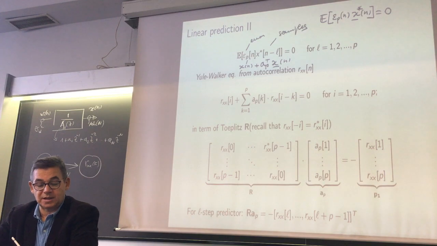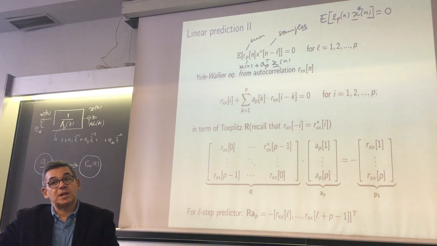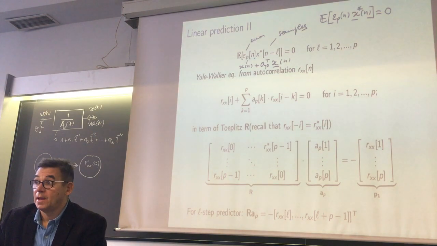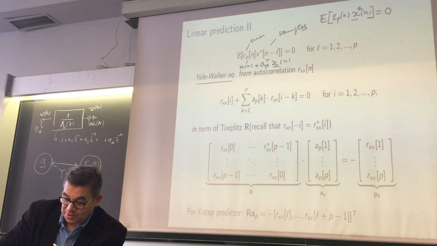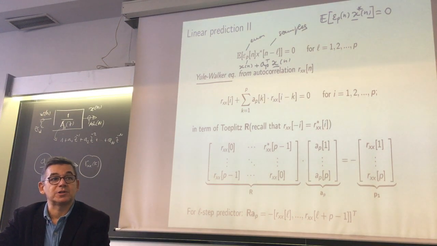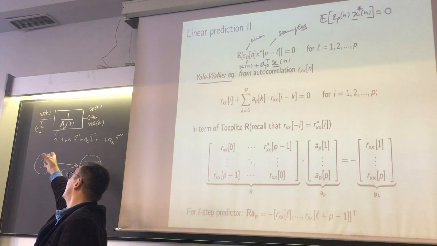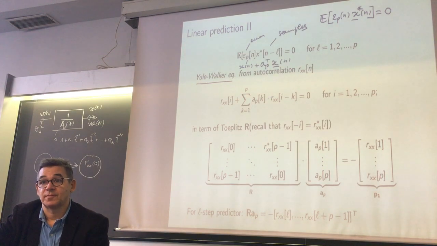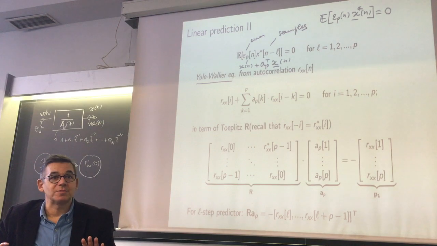The first is a scalar, the second is a vector. Manipulating again, I get that the set of equations are the Yule-Walker equations. So the Yule-Walker equations for linear prediction come out of the same set of equations, at least analytically.